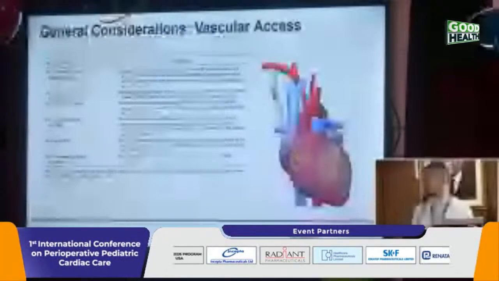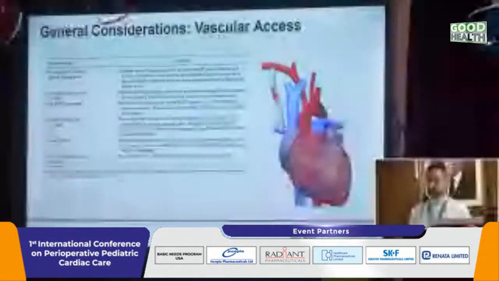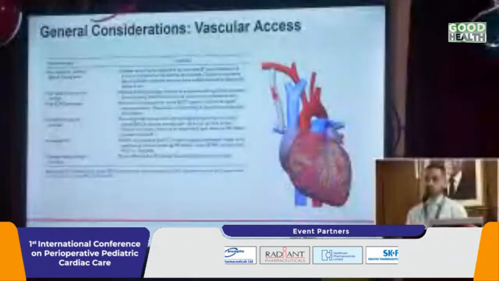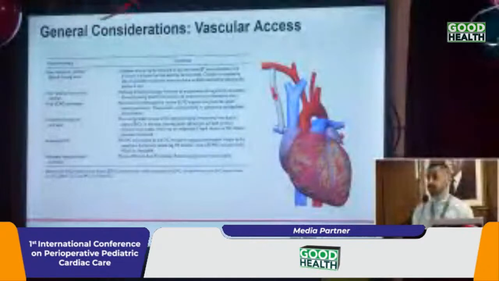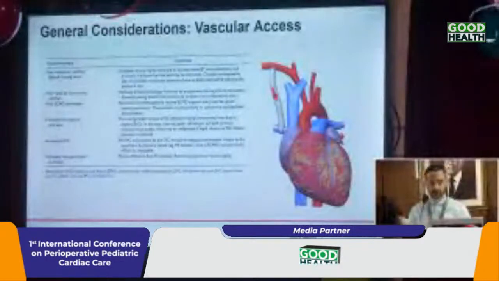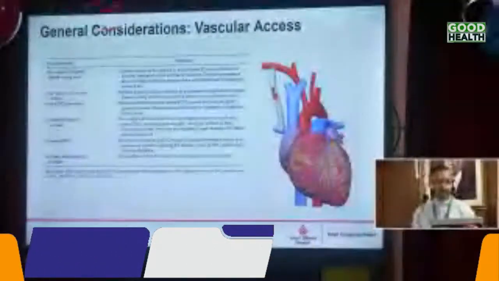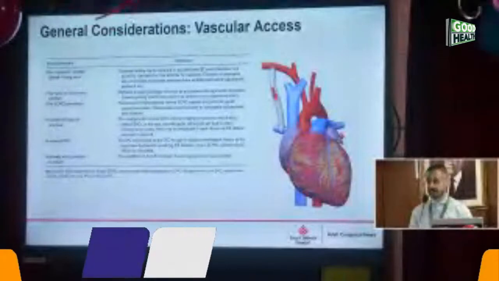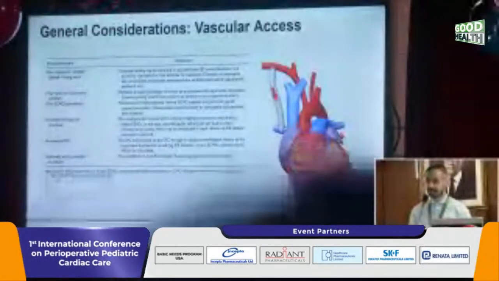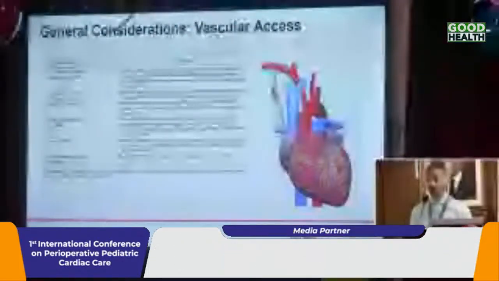And so you probably need to think about placing an A-line on the contralateral arm to be able to get a better idea of what the true perfusing pressure is. If the patient as a child underwent a cut down, then that area of the radial artery or ulnar artery can be stenosed, and so it's not a good idea to put a catheter in there.